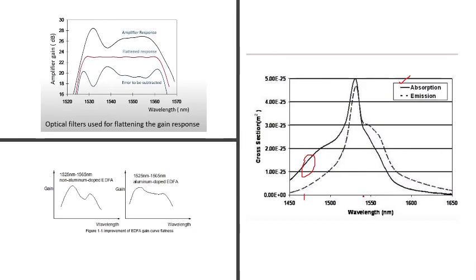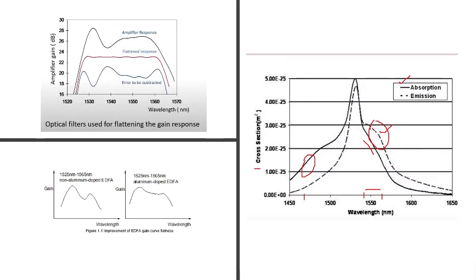Whereas if we go to the C band, which is from 1530 to 1560, at this level you can see the emission, which is from the metastable state to our ground state. The stimulated emission is higher as compared to the absorption cross section.